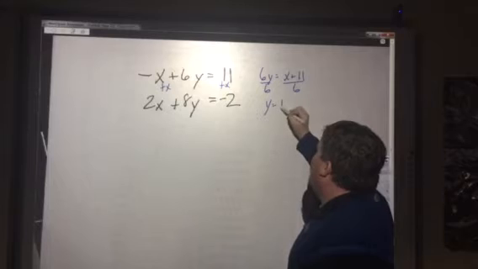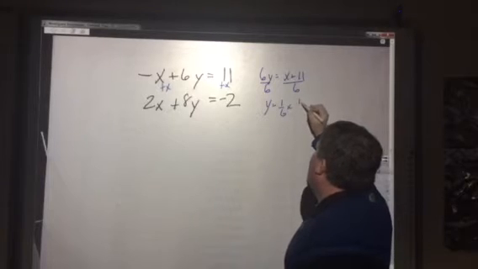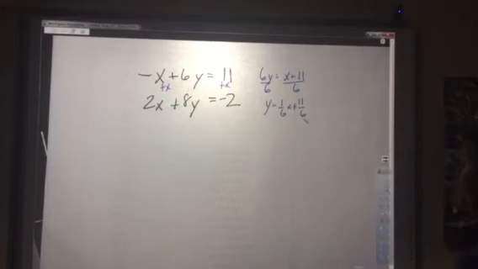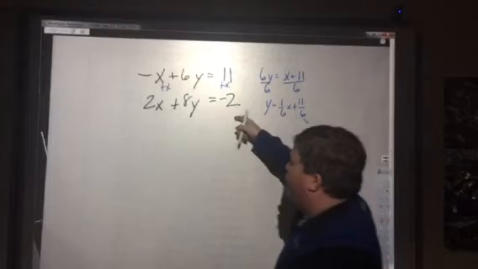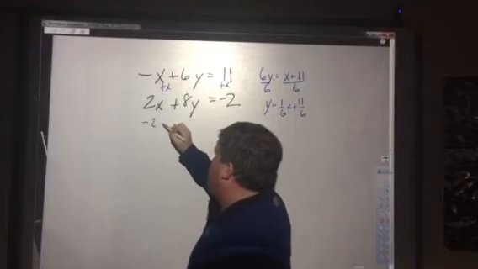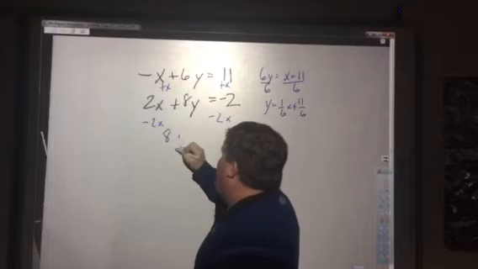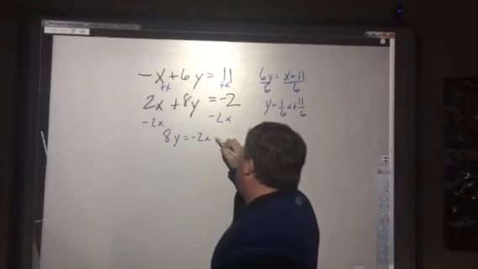So y equals 1/6 x plus 11/6. So we just solved for y. We've got to do the same thing for the second one. So I'm going to subtract 2x from both sides. So I get 8y is equal to negative 2x minus 2.